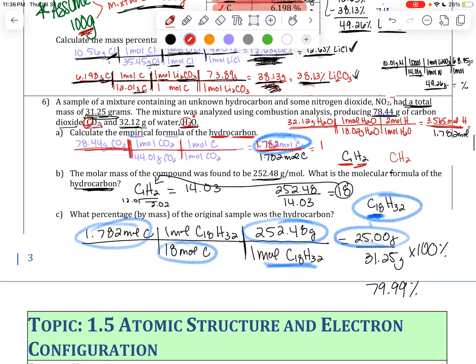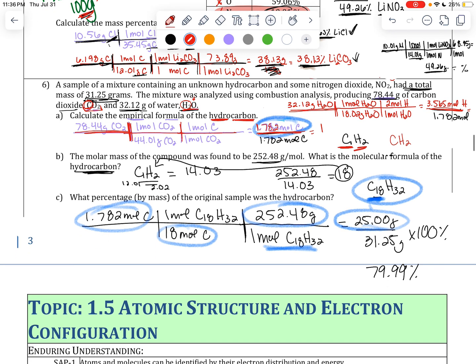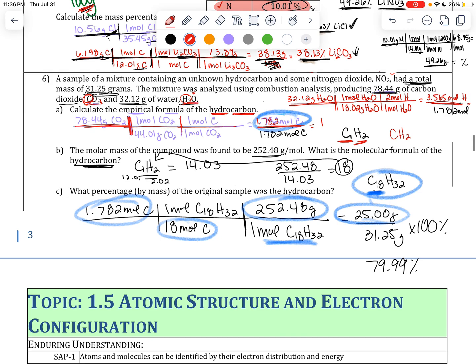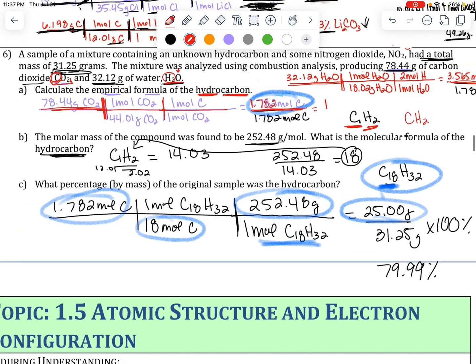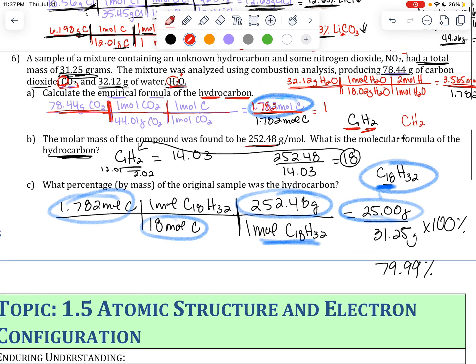The molar mass of the compound was found to be 252.48. What is the molecular formula? So the way to solve this is you take whatever they give you, which is 252.48, and then you divide that by the molar mass of your empirical formula. So you take CH2, you get the molar mass, which is 14.03.